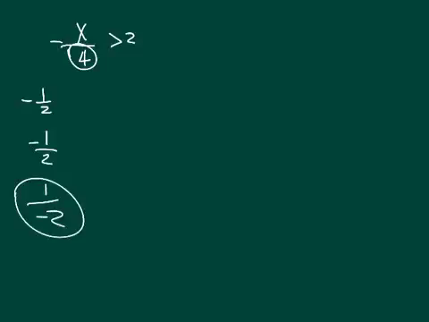So example number 5, we have -x over 4 is greater than 2. So now what we're doing is we're getting rid of this 4 right here. Okay, so what I'm going to do, if you remember, I said that if you have a negative fraction and you have -1/2, -1 over 2, or 1 over -2, these are all the exact same thing.